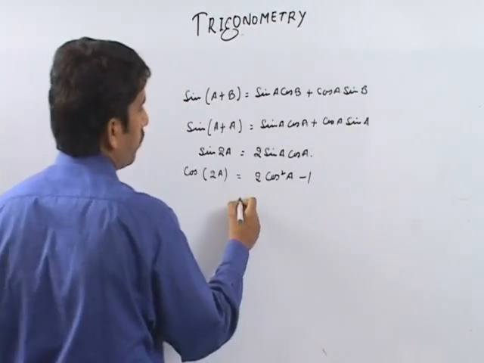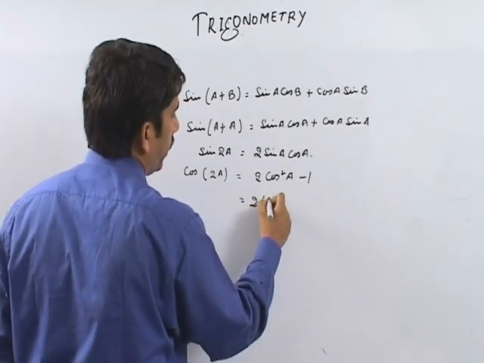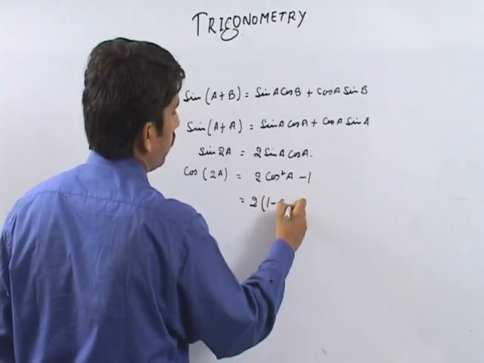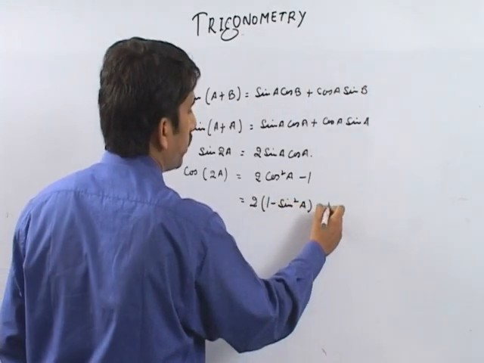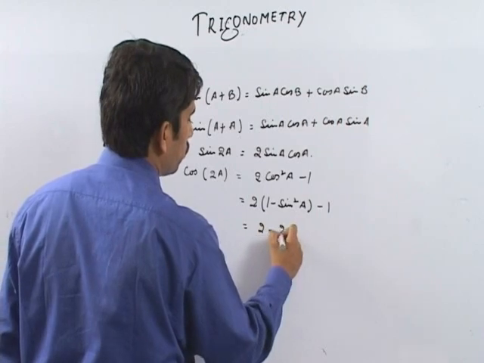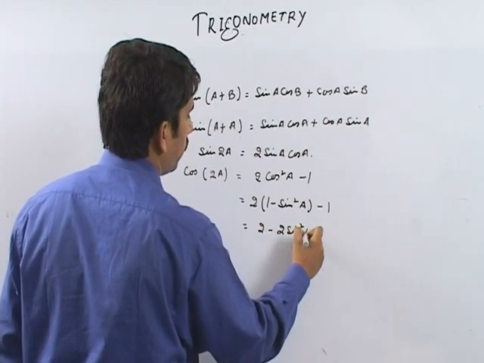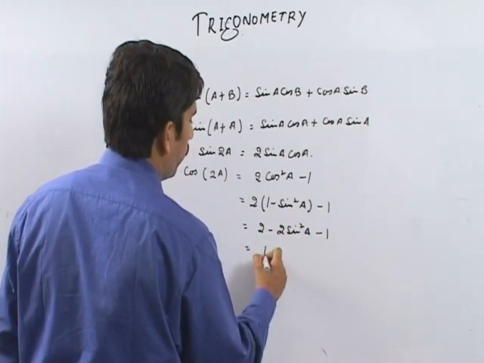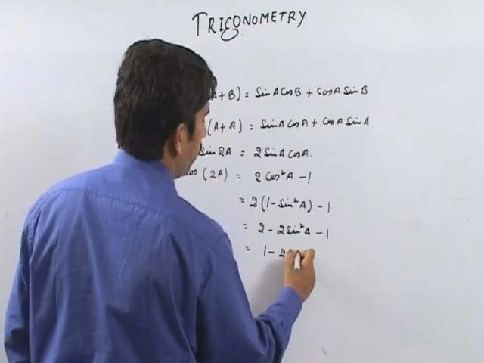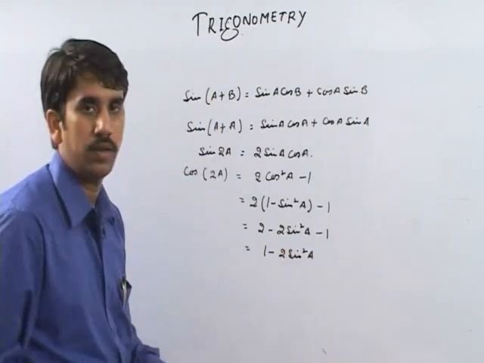Now if you change this cos square A into 1 minus sin square A, this will become 2 minus 2 sin square A minus 1, and this will be 1 minus 2 sin square A.